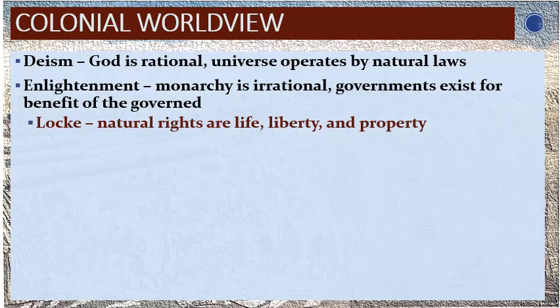Particularly, the colonists are animated by a series of 3 rights that they really cherish and hold on to. We get them from John Locke, and they are the natural rights of life, liberty, and property. So yes, you don't like paying taxes, but taxes take from your property. They take from what you've worked and earned.